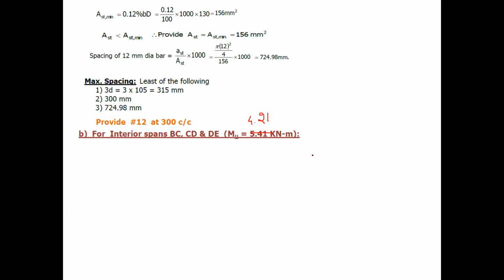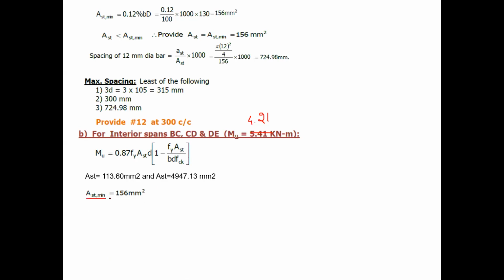So 113.60 mm square. Right. Okay, all of you are getting the answer? Yes, sir. Okay. So here, as you know, you have already calculated the AST minimum.